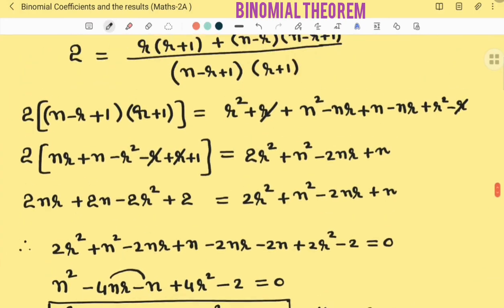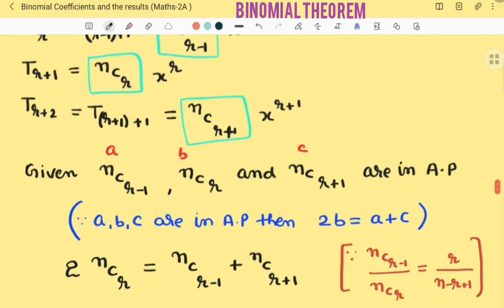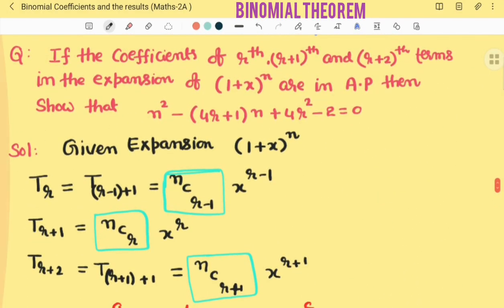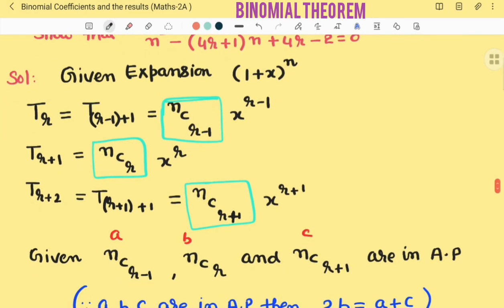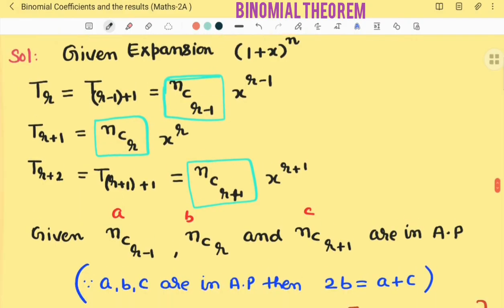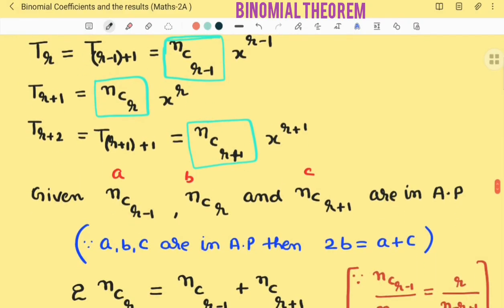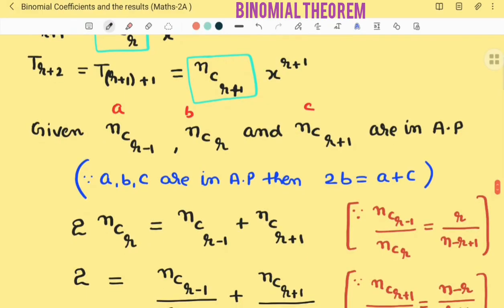Once again I'll revise this question. This is the expansion. In that, t(r plus 1), t(r plus 2) terms we wrote. In that, the coefficients nCr minus 1, nCr, nCr plus 1 are given to be in AP, arithmetic progression.